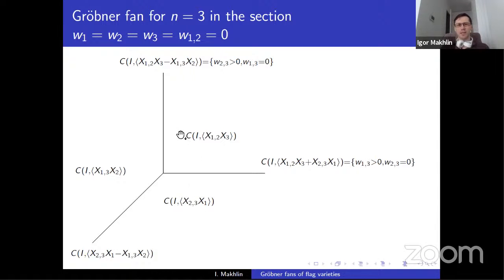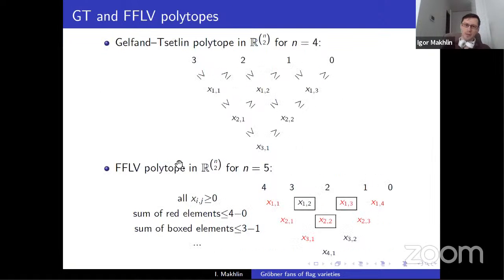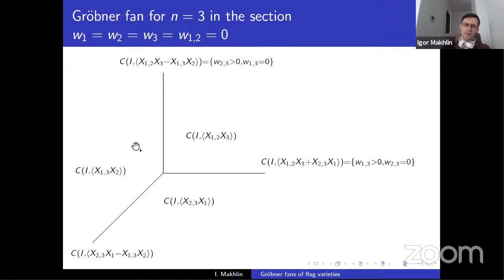And here I have all the initial ideals written down. So we have the 3 monomial initial ideals, and then we have the 3 initial ideals which are less degenerate. They are principal ideals generated by binomials, and I hope to say a couple of words about those.